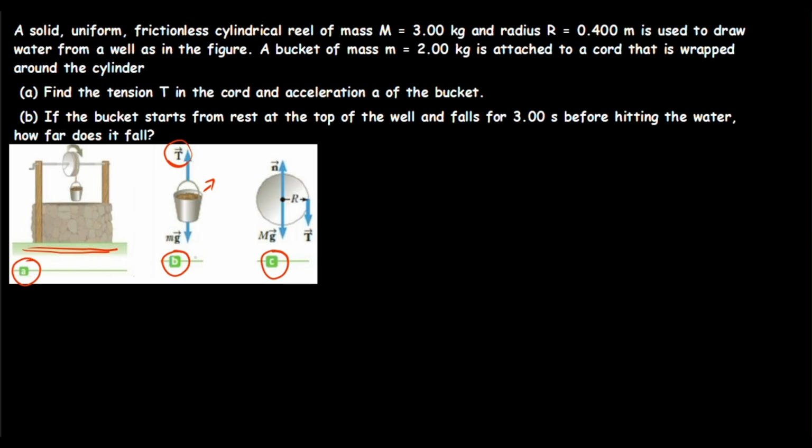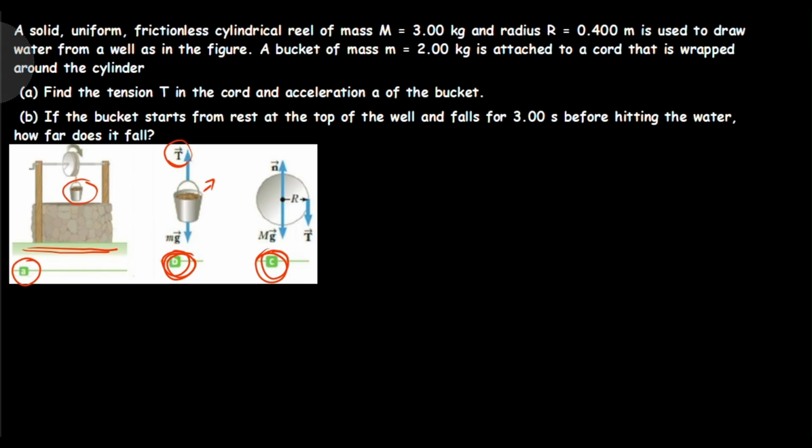B is the free body diagram on the bucket, showing the forces acting upon the bucket. And C is telling us how the cylindrical reel is moving.